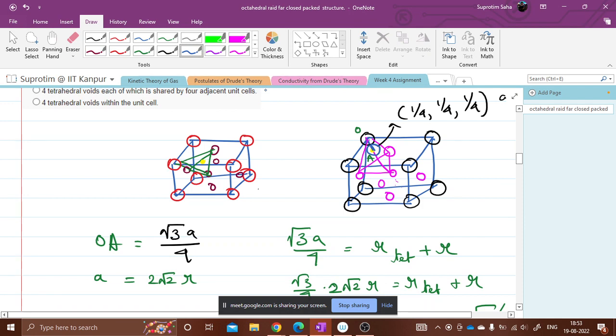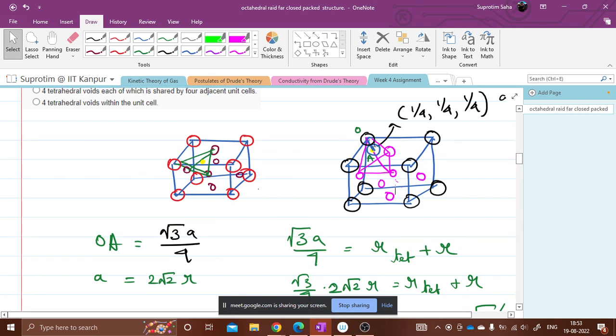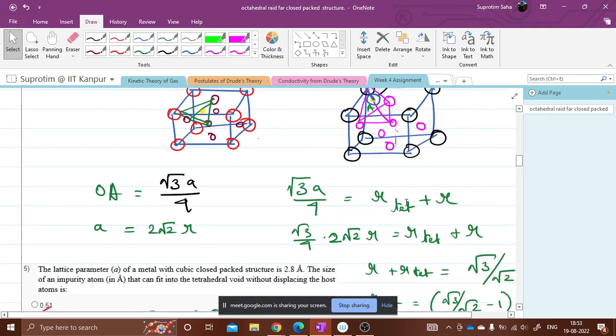And as the distance of total OA makes a distance 3 root 3a by 4, that will be a combination of one radius from this host atom sphere and one radius from this void atom sphere. So R tetra plus R, and from FCC consideration, 4R is root 2a.